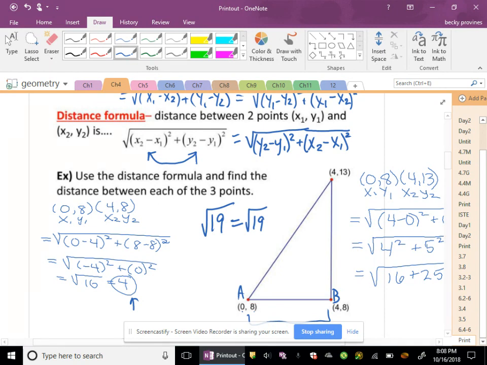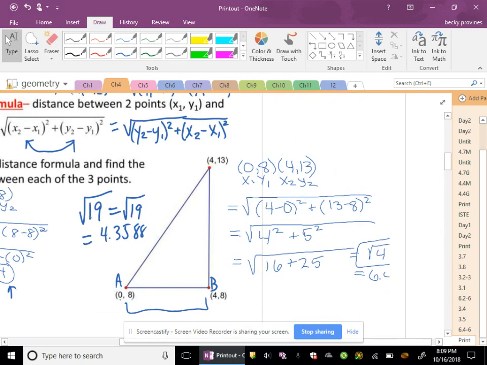So what you need to do is push the white button above the enter over on the lower right-hand side, and it's going to convert it to a decimal. And if you hit it again, it takes it back to root form. Let me do that real quick. And hopefully you get 4.3588 on and on.